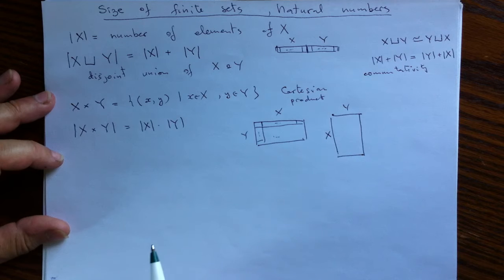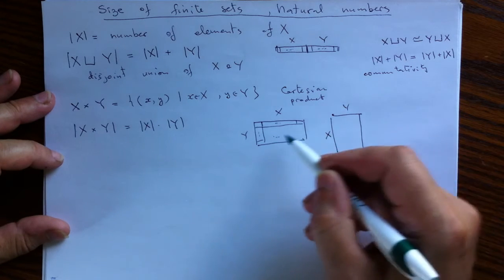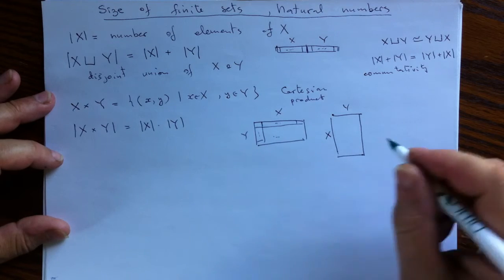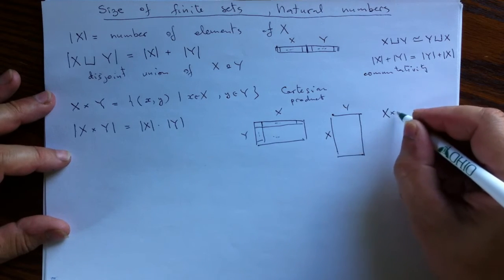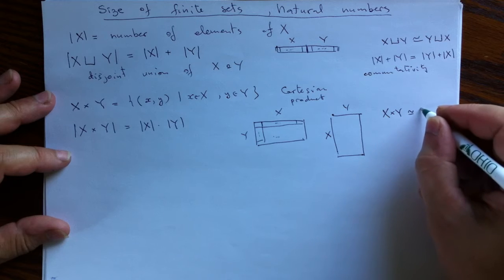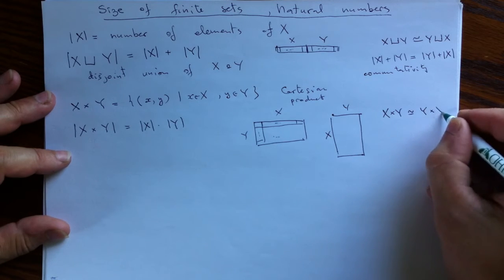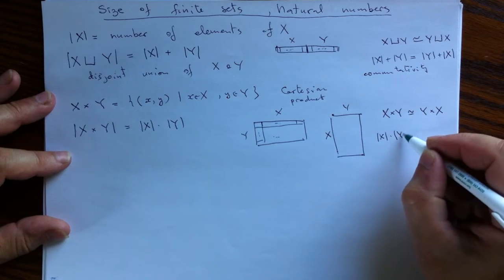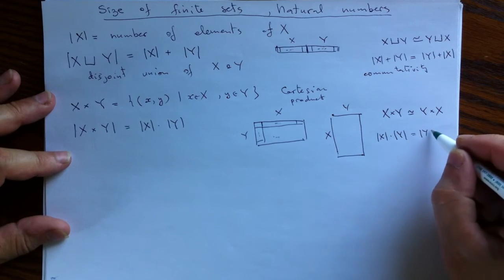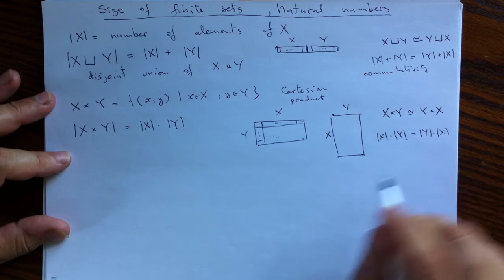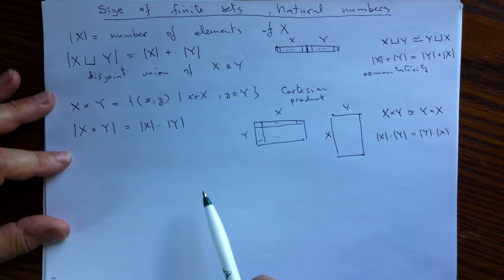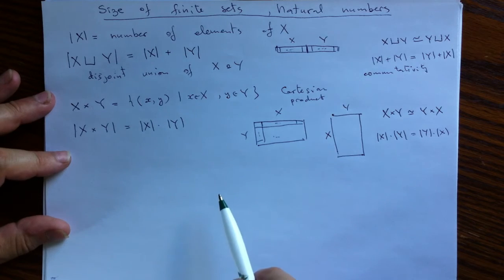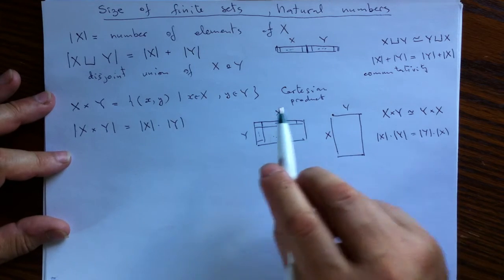So the overall large box will be easy to identify in between these two cases. Basically, we have a natural identification of these two sets, a natural isomorphism, which turns into the commutativity property for multiplication.